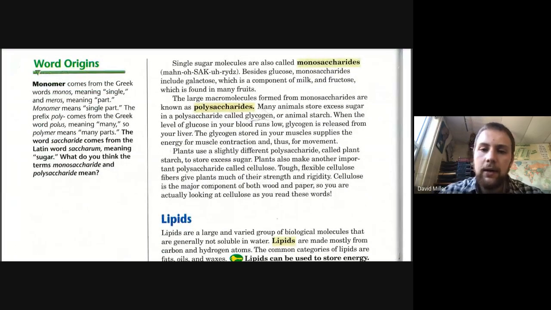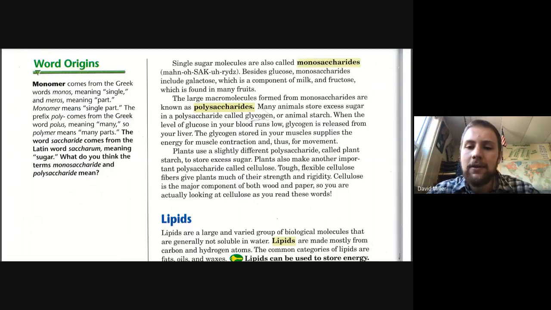Single sugar molecules are also called monosaccharides. Besides glucose, monosaccharides include galactose, which is a component of milk, and fructose, which is found in many fruits. The large macromolecules formed by monosaccharides are known as polysaccharides.